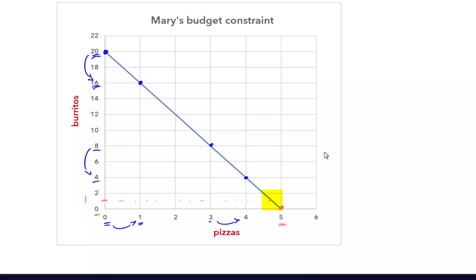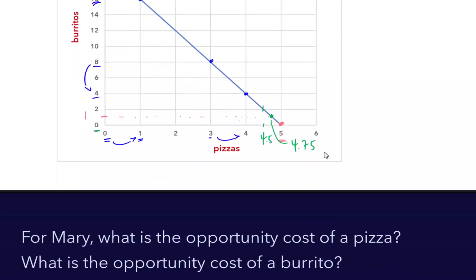So that will put her here on her budget constraint. Might be a little hard to interpret, but this right here would be 4.5, so this point here, the one we're interested in, is going to be 4.75. So getting one burrito, going from 0 to 1, costs her a quarter of a pizza.